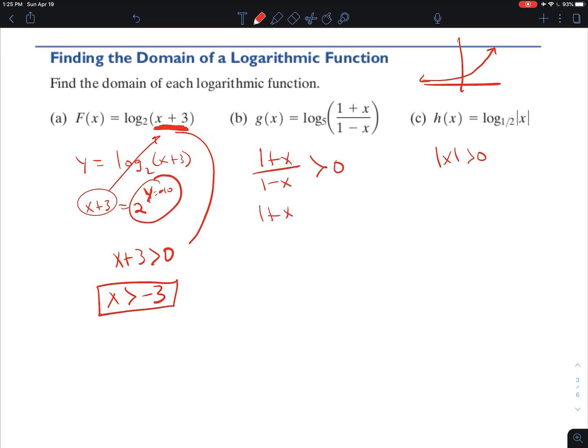I get 1 plus x is greater than 0. So x is greater than negative 1. I can check that back here. Let's see. It's like I also have a problem at 0, or excuse me, where x is 1. So multiplying this over and losing that term is a problem.